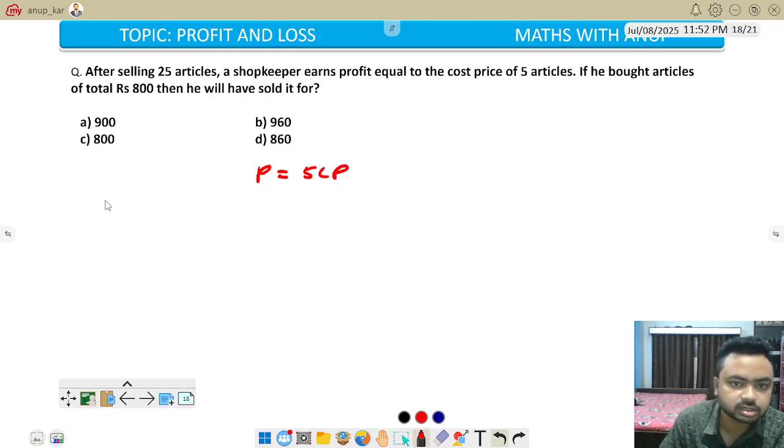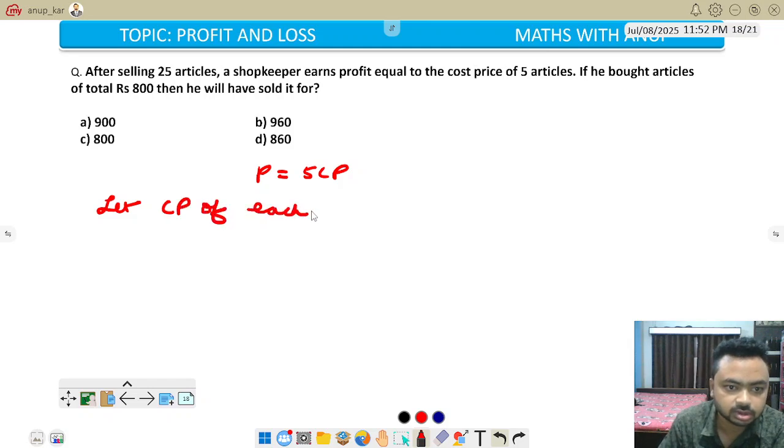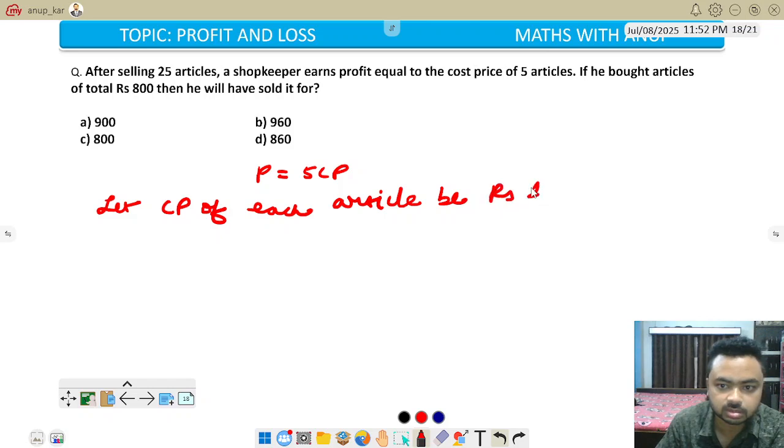So we will consider that let CP of each article be rupees 1.